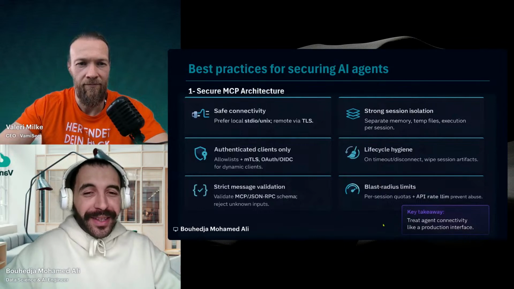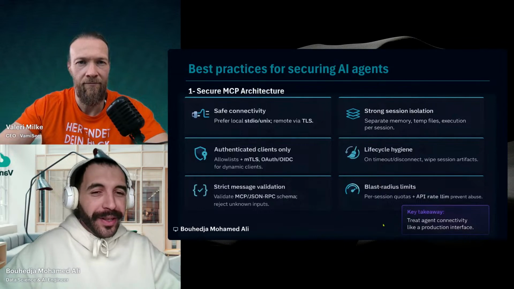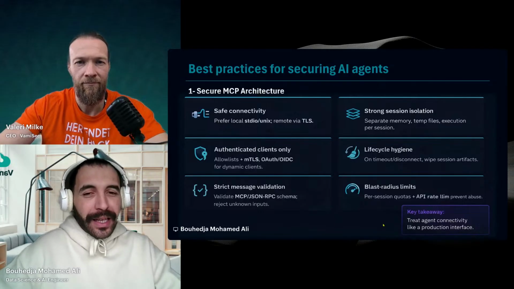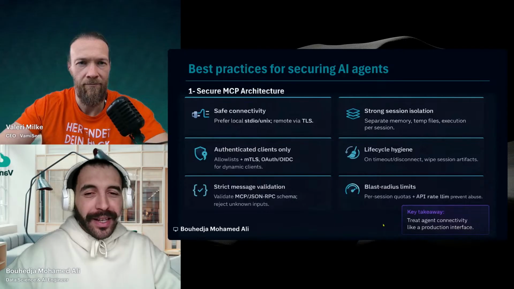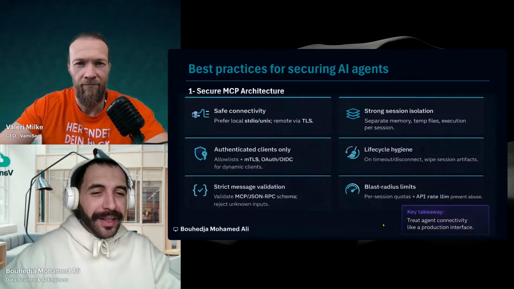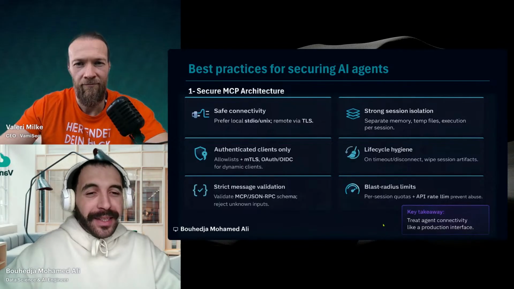First, we ensure safe connectivity: prefer local STDIO or Unix connection, and if remote, use TLS. Second, we enforce strong session isolation by separating memory, temporary files, and execution per session, so data doesn't leak between sessions. Third, we allow only authenticated clients using allow lists, mTLS, or OAuth for dynamic clients.